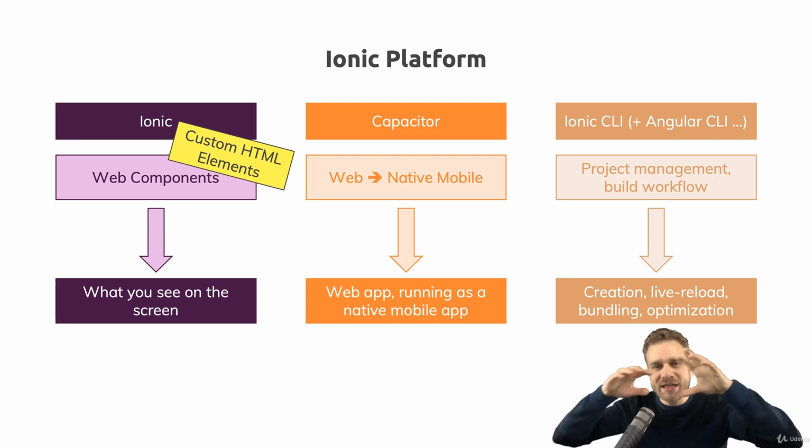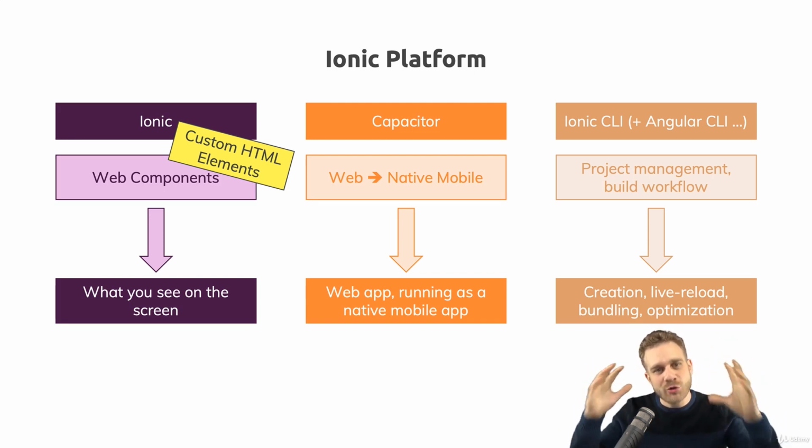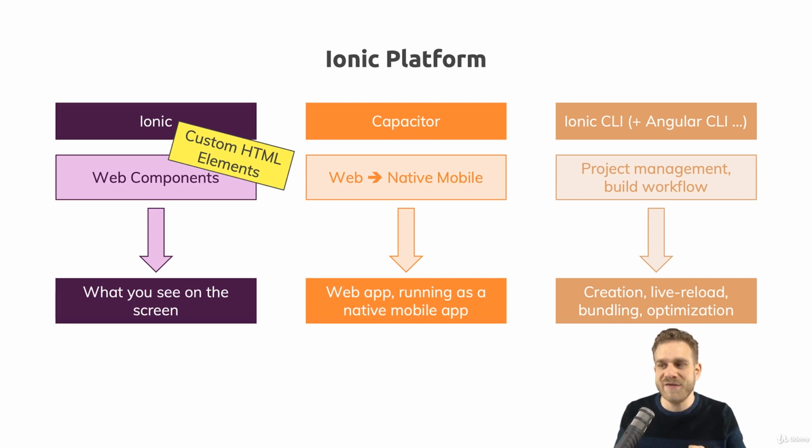Now, this is the Ionic platform. These are the tools you will learn about in this course in detail, and this is just a big picture here, obviously. And this is what Ionic gives us to build amazing web apps which can work and run as web apps, but then they look like native mobile apps already, thanks to these nice Ionic web components, which, by the way, are also not just about the looks, but also have a lot of rich functionality included in them, like this tab functionality I mentioned earlier.